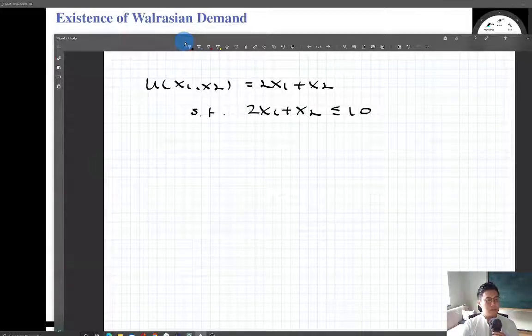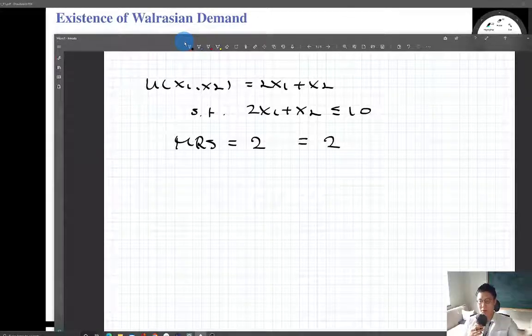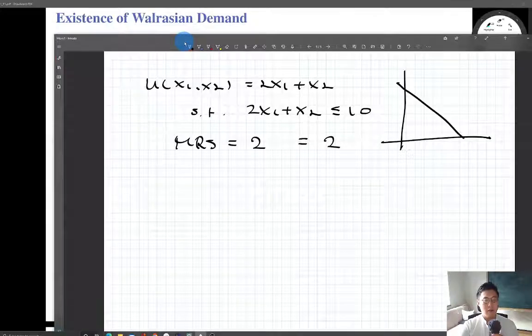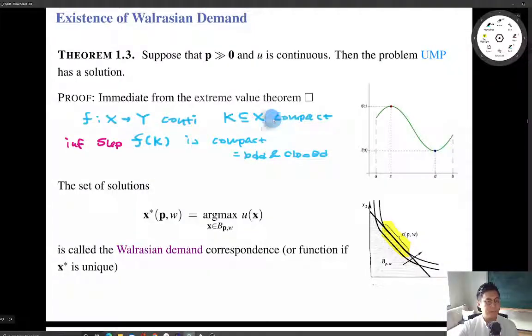In such a case, the MRS is fixed by a constant 2, and the relative price p1 over p2 is also 2. In such a case, the budget line is totally overlapped by one indifference curve. So every bundle on the budget line is going to be optimal. Okay? So we have a set of solutions to the UMP.